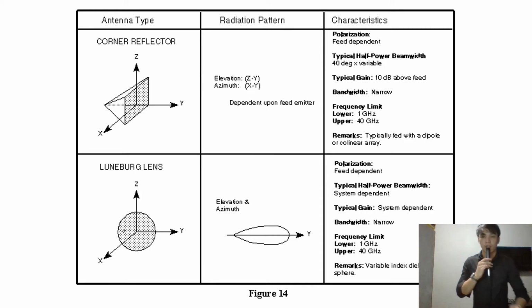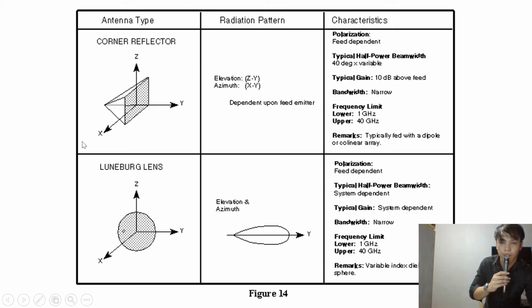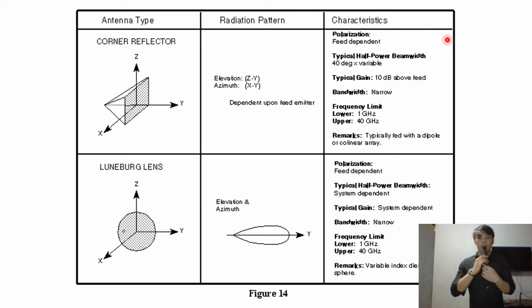So this is the corner reflector and the Lundberg lens. This is the radiation pattern and its characteristics. As we can see here, the characteristics of corner reflector: its polarization is field dependent, and the typical half power beamwidth is 40 degrees by variable.